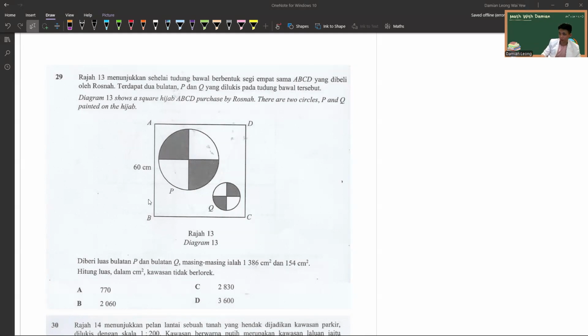So basically 1/4, that will be half of area of the circle. Okay, so it means half of this, 1386 over 2, 693 cm square. Then same goes for the other circle, 154 divided by 2, 77 cm square.